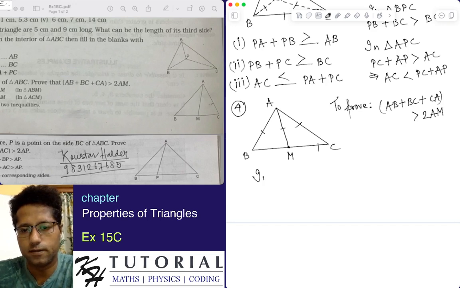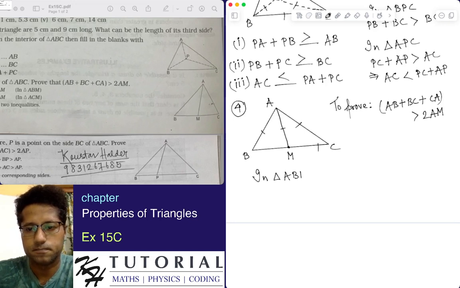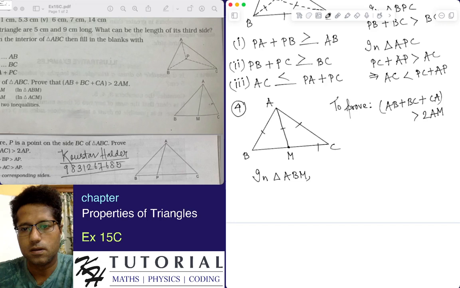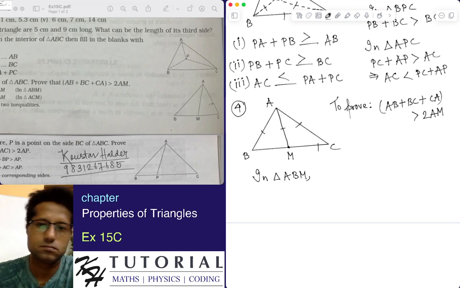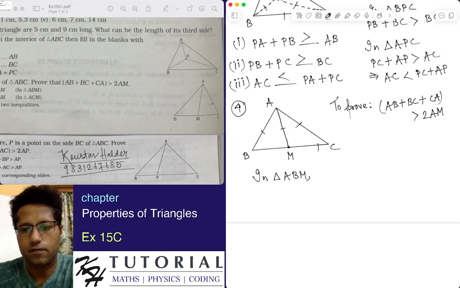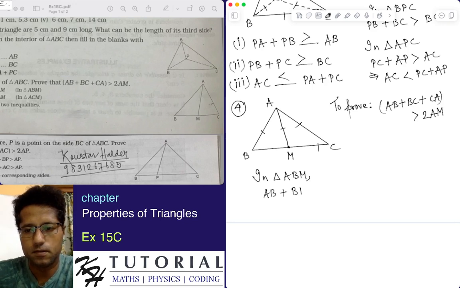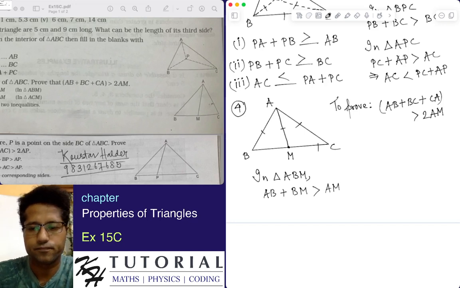In triangle ABM, AB plus BM should be greater than the third side, that is AM.